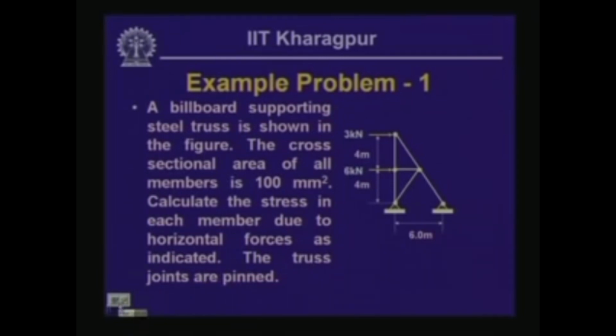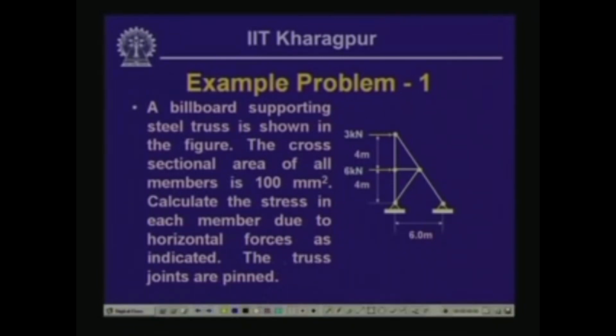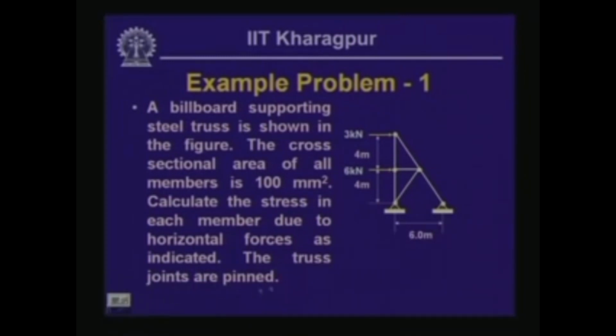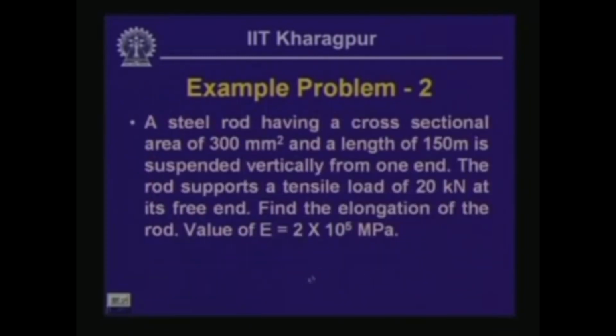Now, by stating that the truss joints are pinned, it means that the forces which are getting transmitted in each of the members are purely axial forces in nature. Now, having discussed that particular problem, which was related to the evaluation of the stress, as we had discussed in the previous module, how to compute stresses at a point in a stressed body.